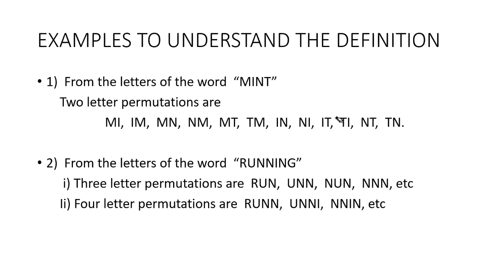Okay, so we can look into a few examples. The first example is: from the letters of the word mint, 2-letter permutations are. So we have the word mint, which has 4 different letters: M, I, N and T. So the total number of objects that we have is 4.